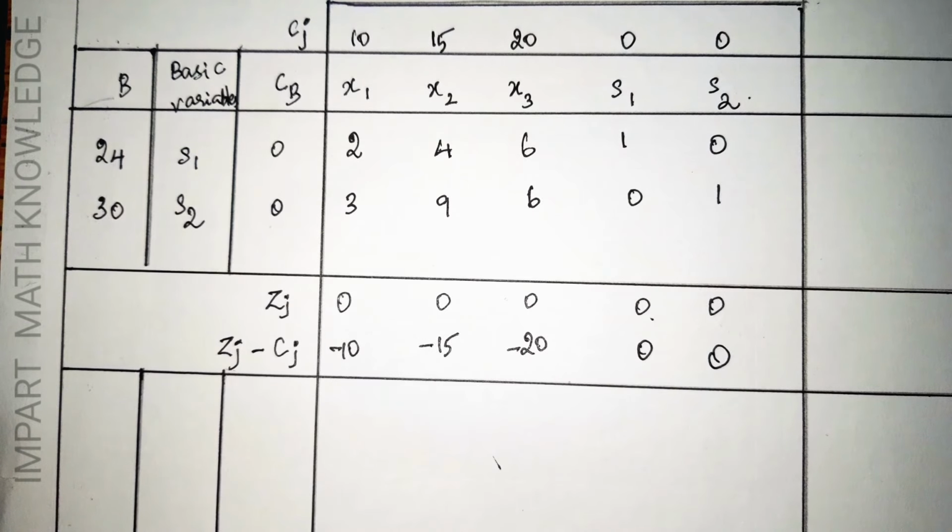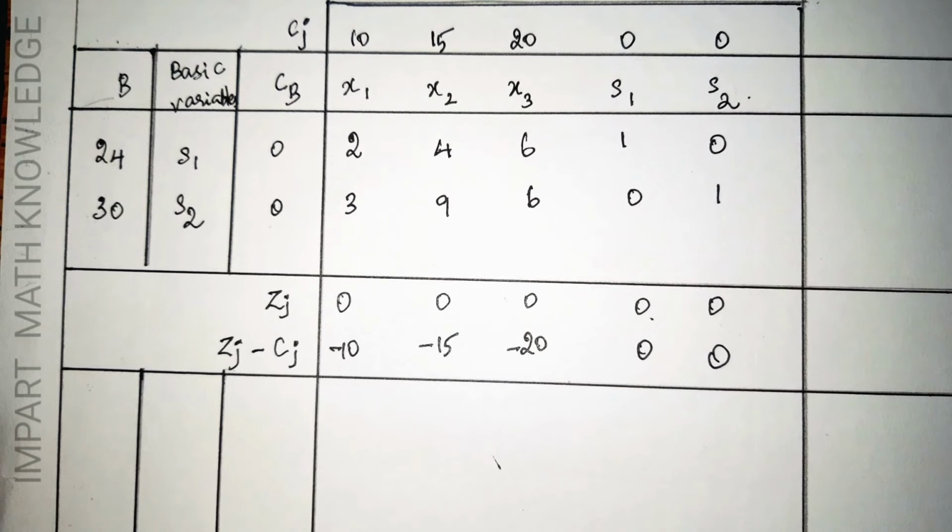First table is over. So once you find Zj minus Cj, you have to check all the values are greater than or equal to 0. Here some values are negative. So we can say that the current solution is not optimal. To get the optimal solution, we have to go to the next table.